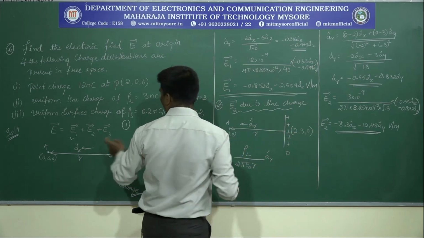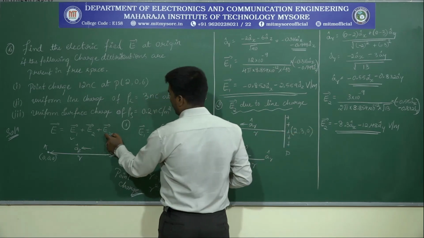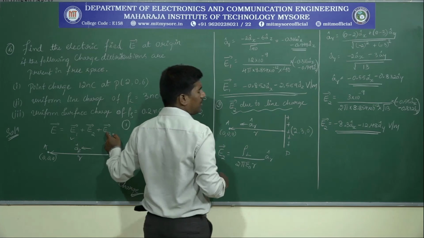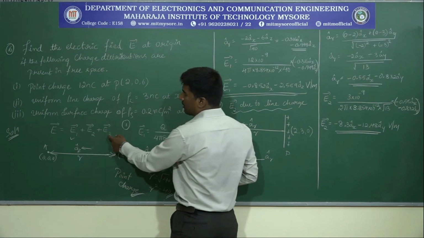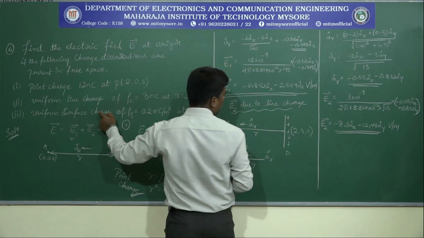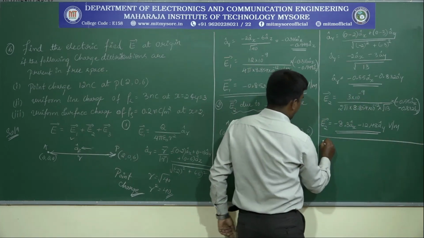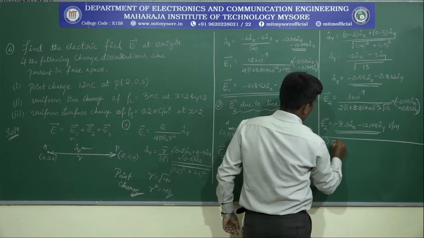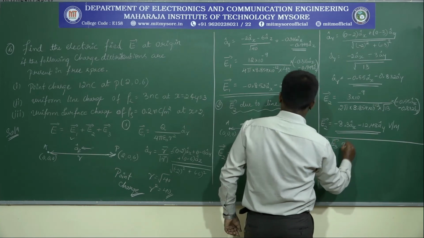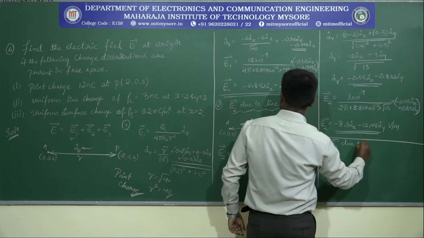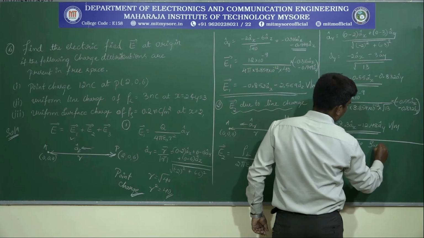Now what is the next thing? We need to calculate E3. What is E3? E3 is the electric field intensity due to surface charge. Okay. Calculation of E3. Third case, E3 due to surface charge.